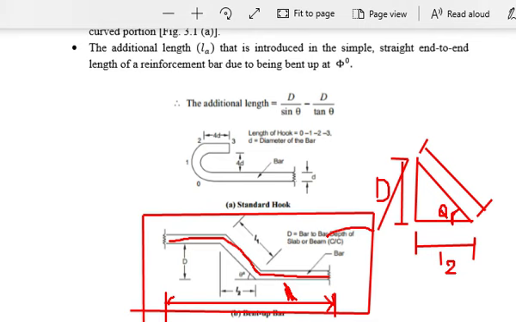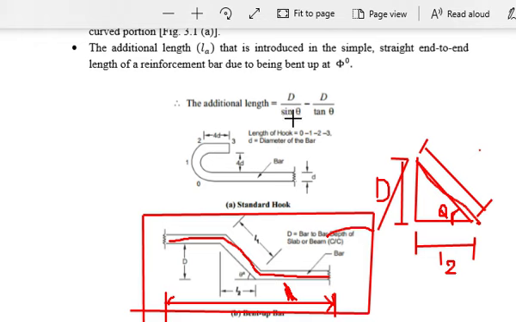So what is sine theta? Perpendicular by hypotenuse. So that will be P by H, it means D by H.